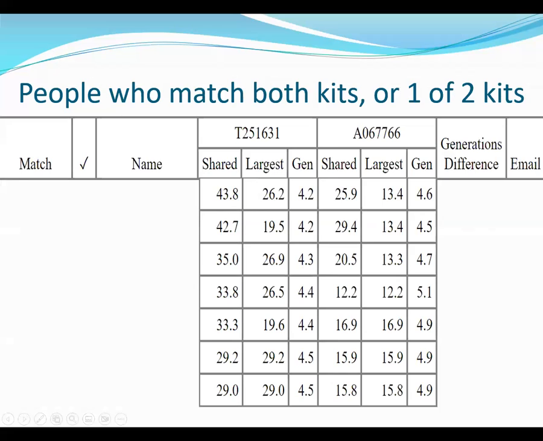If we look at this in greater detail, I've left some names off of this, but suffice it to say that my mom and Malcolm are sharing DNA with a number of different matches. I've included 7 of them on this screen. They range between 29 and 43 centimorgans for my mother and between 15 and 25 centimorgans for Malcolm.